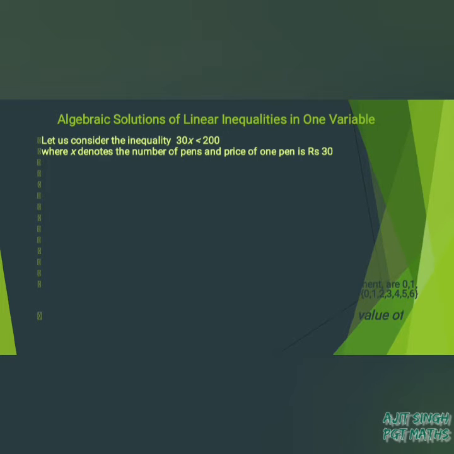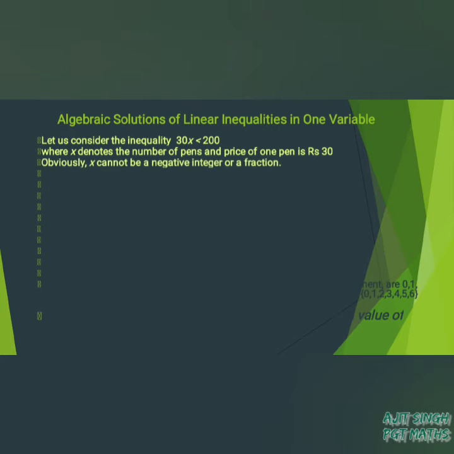Suppose the cost of one pen is rupees 30 and we have x pens. So the cost of x pens is 30x. We consider the inequality 30x less than 200. That is, how many pens we can purchase using rupees 200.